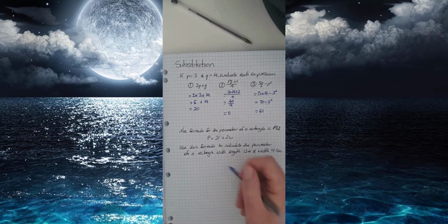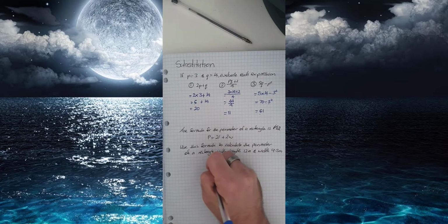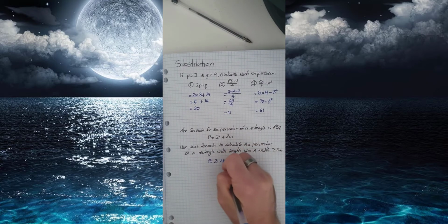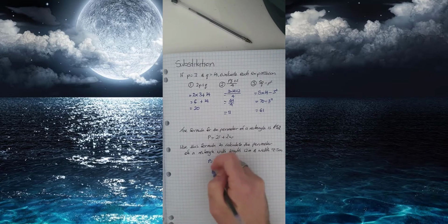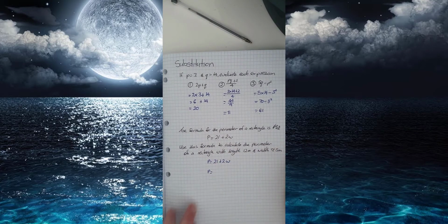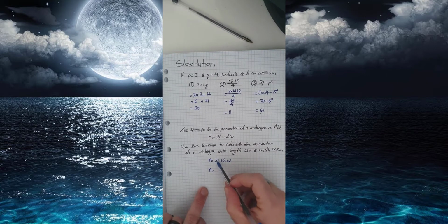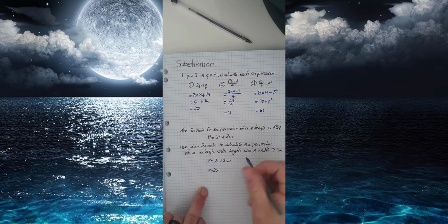Really important. Next step is to substitute the values that we've been given in. So 2 times, now what was the length? 12, plus 2 times the width, which is 9.5. Now notice how I'm not drawing a diagram, because I don't actually need to. I'm solving this algebraically.